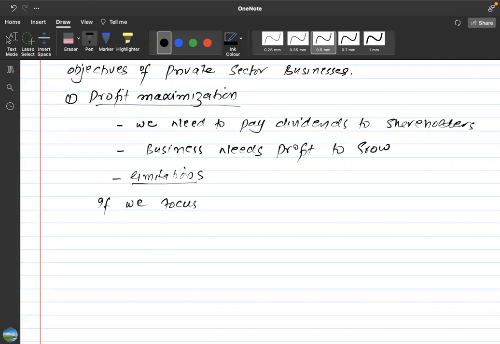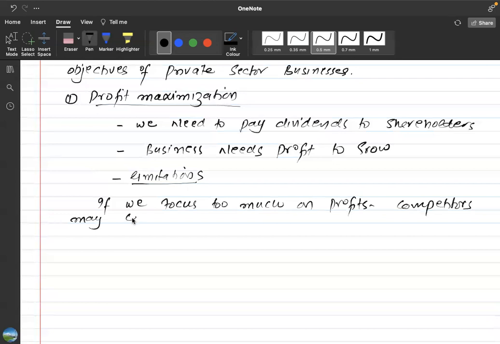That will give an option to the competitors to come into the market. They might charge a lower price, and that will give them a competitive advantage.